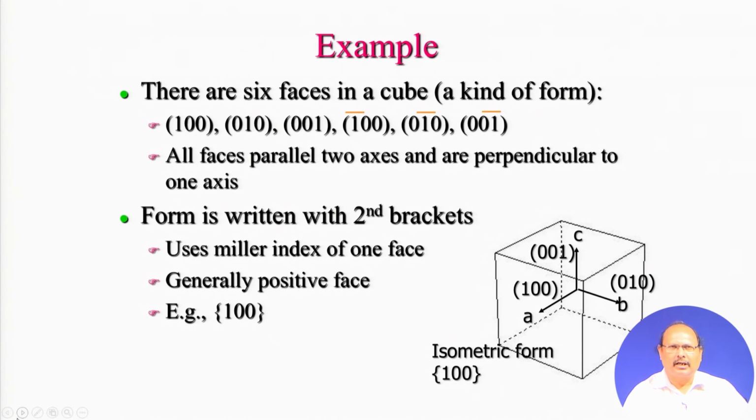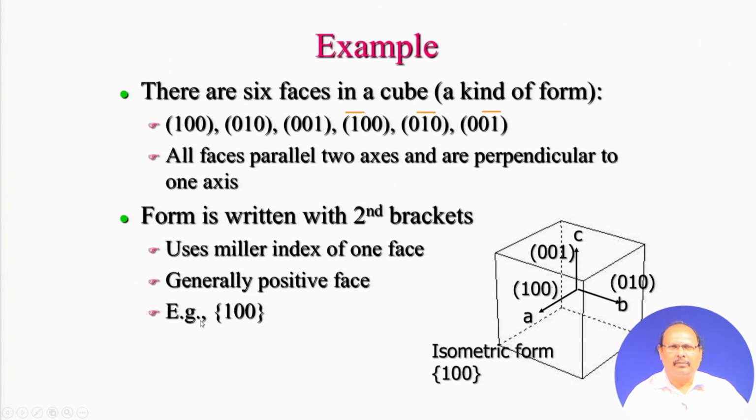Let us start with the most simple one, where we have the form symbol 100, and this form symbol is present in all 5 point groups of symmetry in the isometric crystal system.